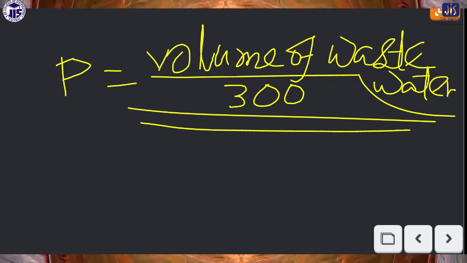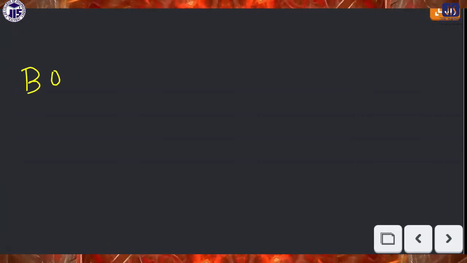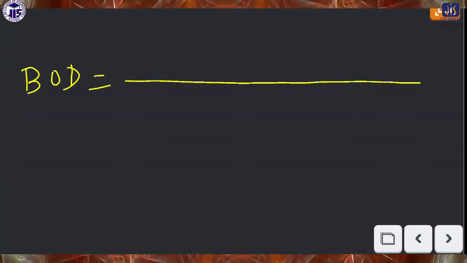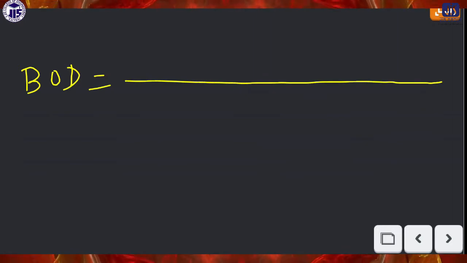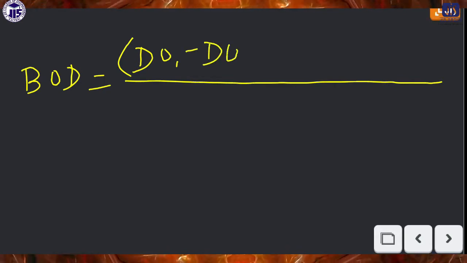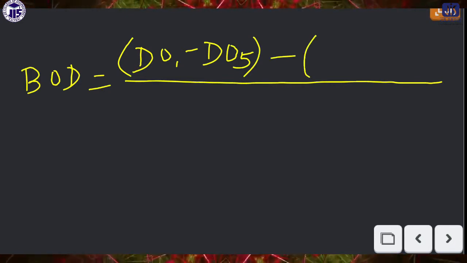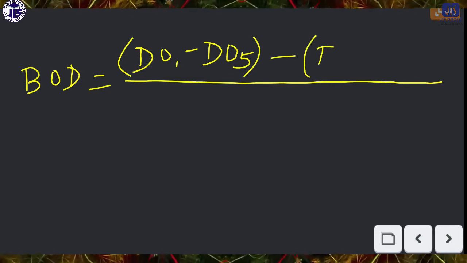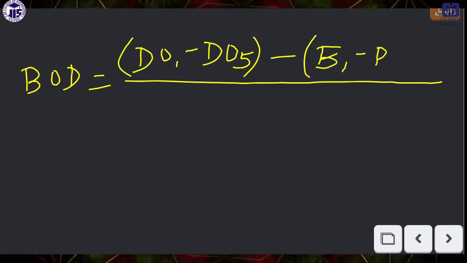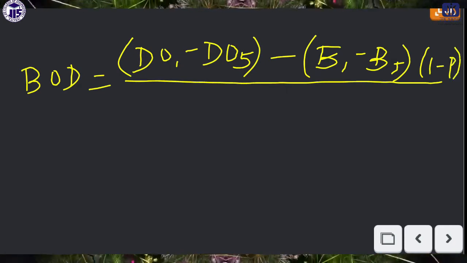BOD5 equals (DOI minus DO5), the same as before, minus (BI minus B5) into (1 minus P), and divided by P.